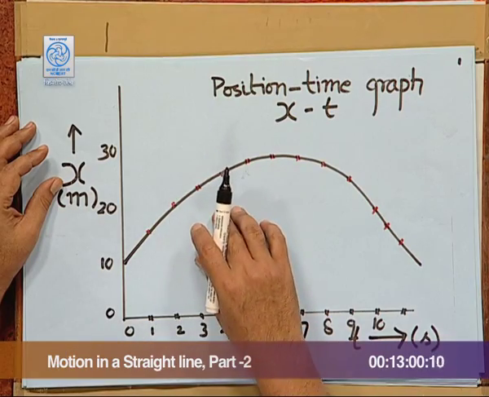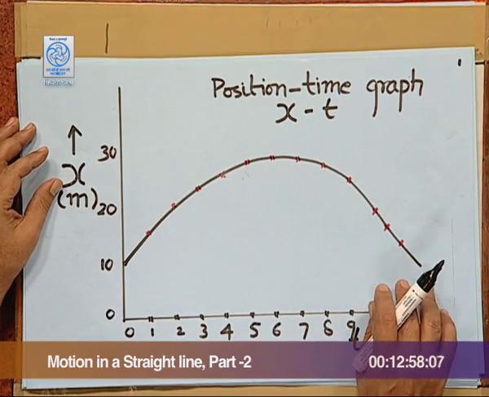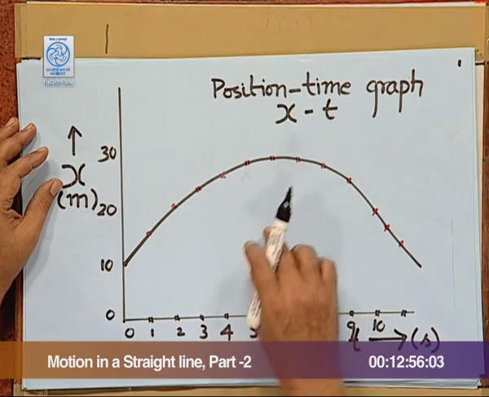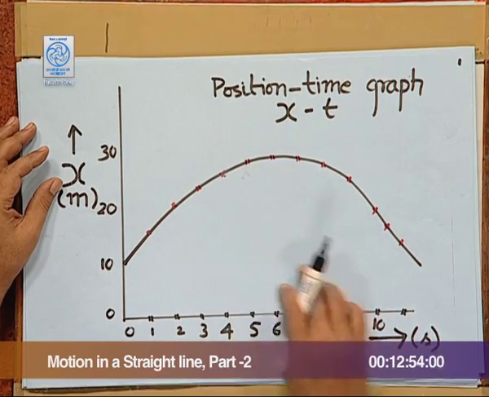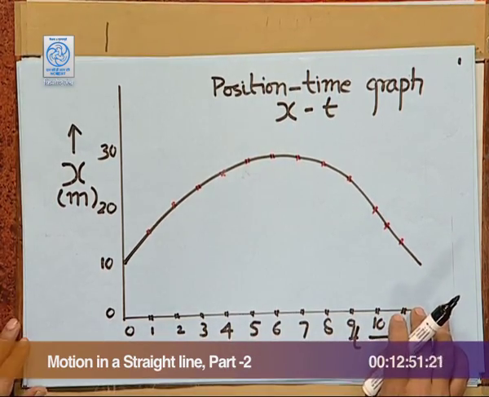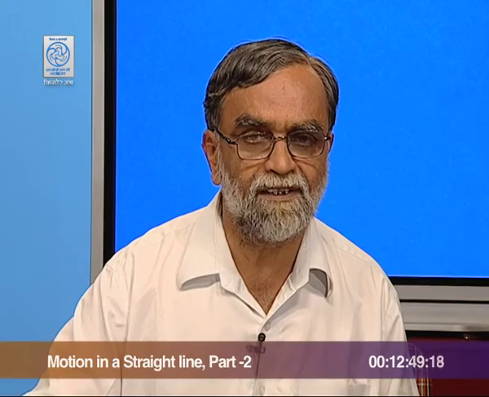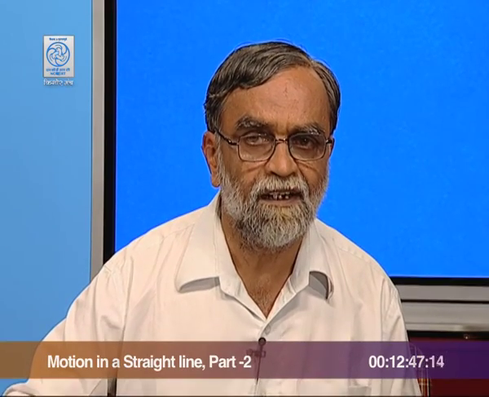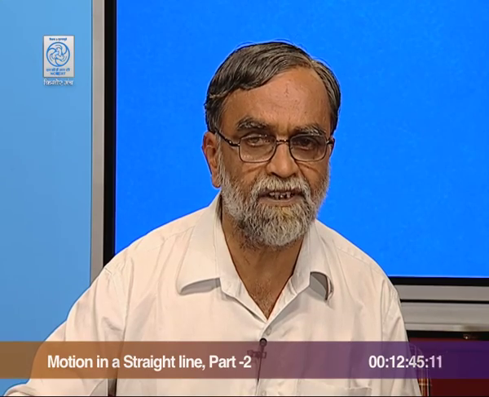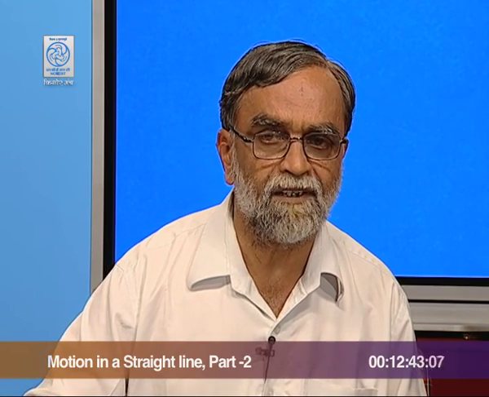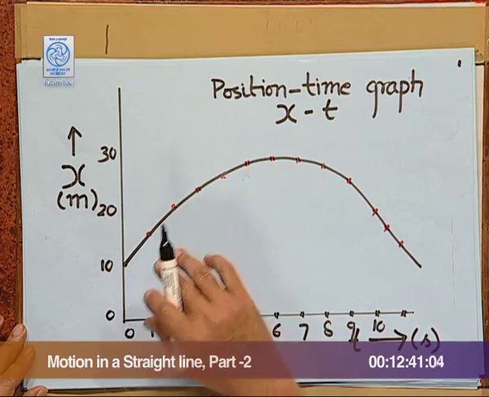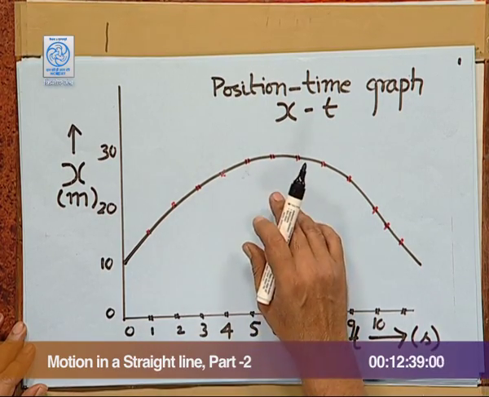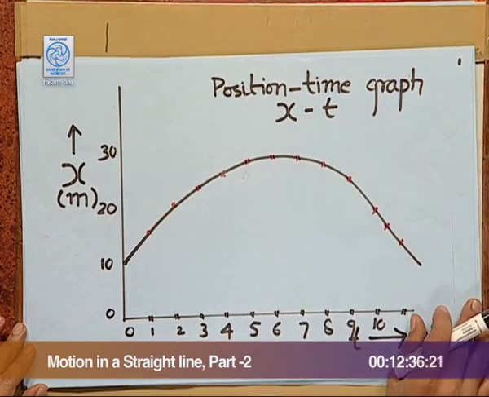That is all it means. See, at t equal to 7 seconds, it is at 27.5 meters, whereas at t equal to 10 seconds, it is at 17 meters. It means it is going along a straight line till t equal to 6 seconds, then started moving backwards. That is, x goes on decreasing with t after it has reached the maximum position.